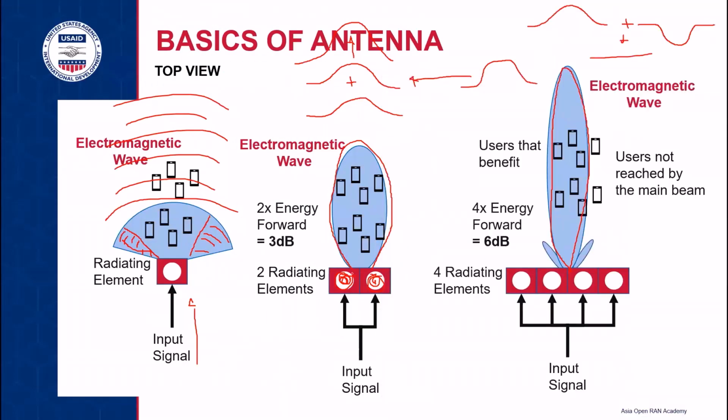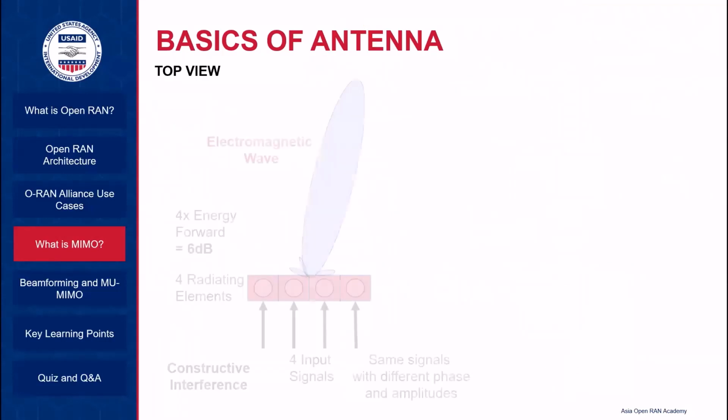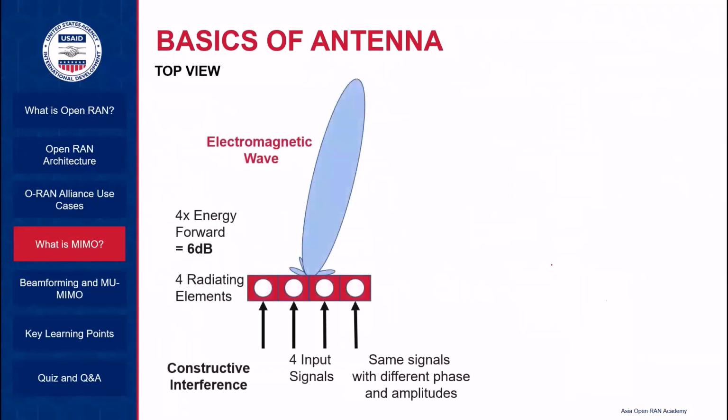So nakita natin na habang dumadami yung antenna radiating elements natin, mas nagiging narrower yung ating beam. Nakita natin yan dun sa ating simulator using the droplet of water. So, ganun din ang nangyayari kapag binago natin yung ating, pag ini-steer natin, kahit na meron tayong 4 droplets of water, okay?